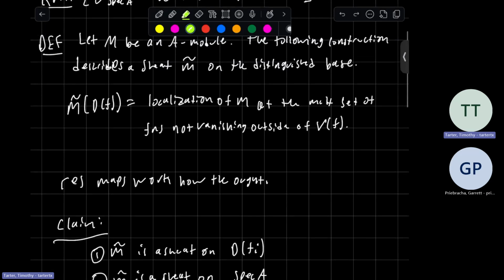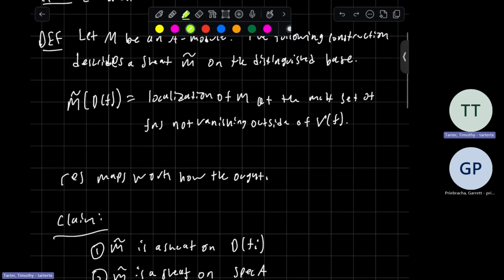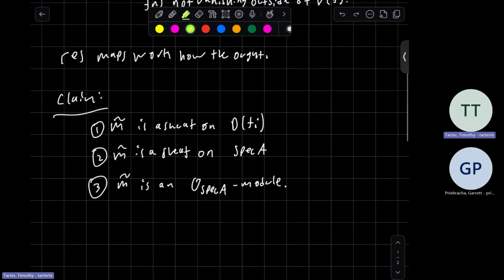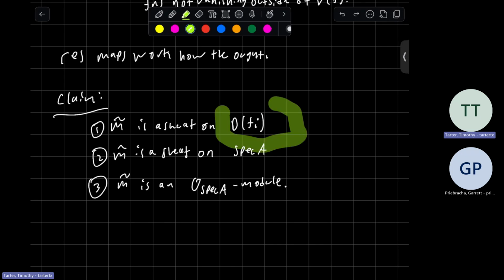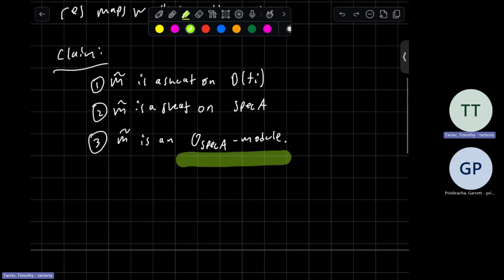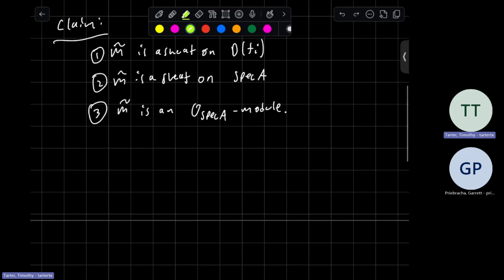Restriction maps work reasonably. And then we claim that this is a sheaf on the distinguished opens, then it's a sheaf on Spec A, and then it's a structure sheaf module.